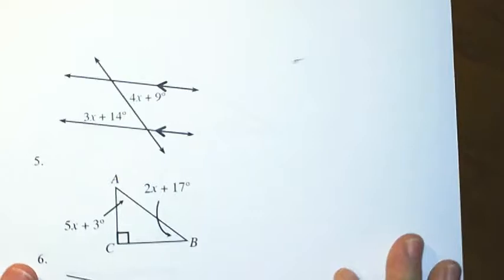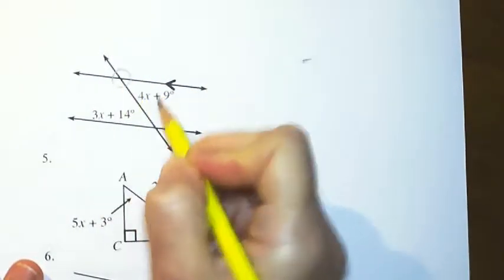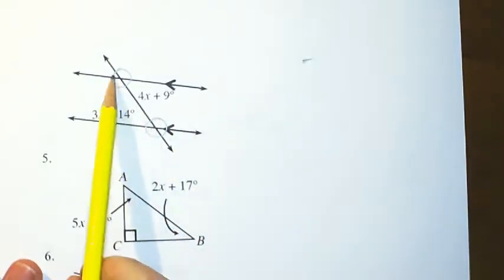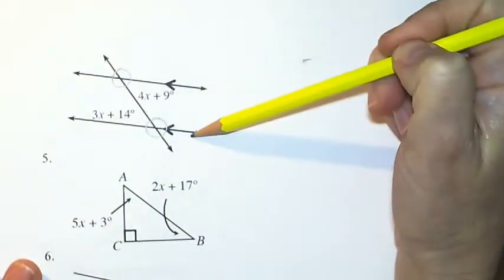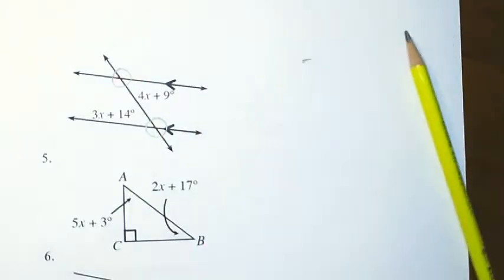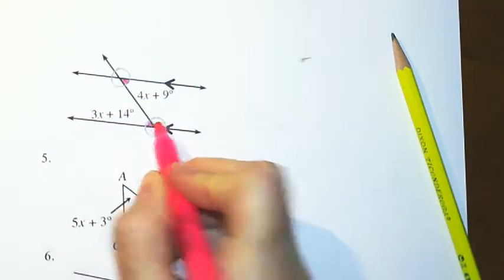Okay. Let's do number 5. We've got some parallel lines cut by a transversal. Let's draw circles where we see those intersection points. Okay, so we know that these angles are going to match because of parallel lines. So I'm going to look specifically at this angle and this angle.